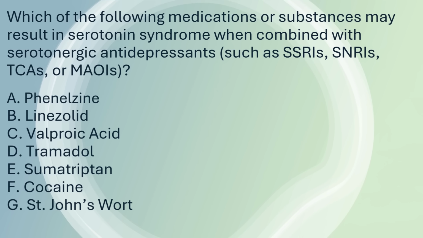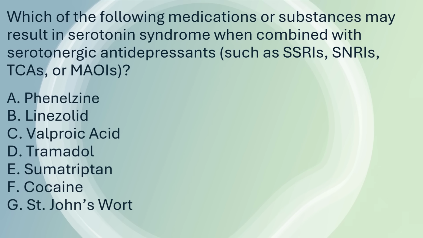So let's talk about the rationales behind that. A is an MAOI, which inhibits serotonin breakdown. Combining with serotonergic agents like SSRIs, SNRIs, TCAs, or certain analgesics can cause dangerously high serotonin levels, or that could be serotonin syndrome.